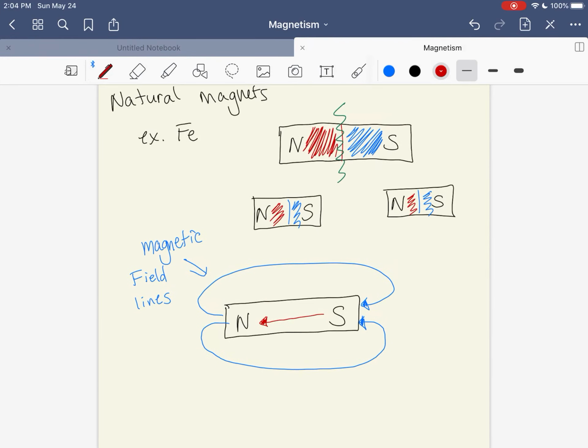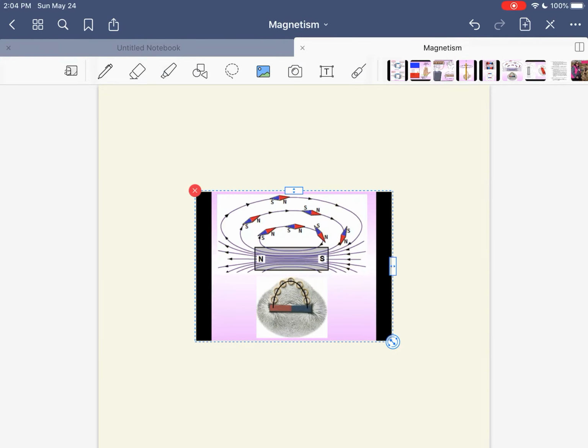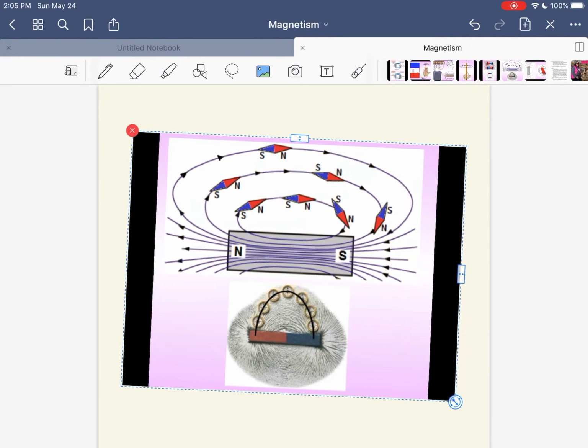One of the reasons that we know this happens is that we can look at photos of what magnetic field lines look like when we pour iron filings around some of our magnets.